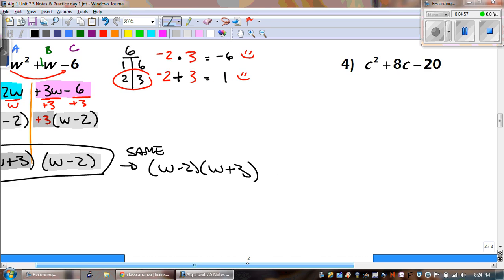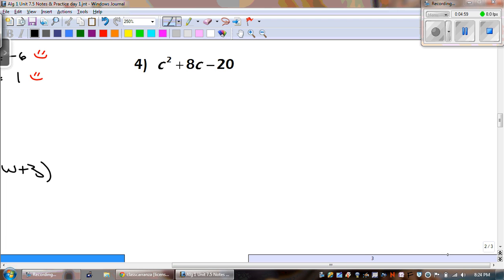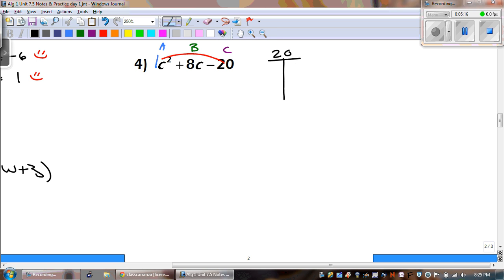All right, let's do the box for 4. Remember that that's a 1. You don't have to put that 1 there, guys, if you don't need to, okay? So 1 times 20 is 20. We did the factors of 20 on the other side, 1 and 20, 2 and 10, I almost forgot that one, and 4 and 5.